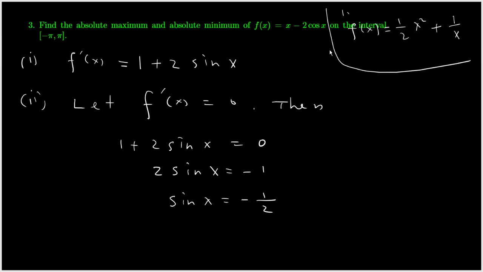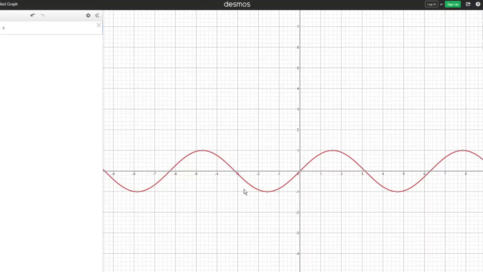Actually, we treat the function to be defined on the interval from negative pi to pi. From negative pi, so negative pi is somewhere in here, and then to pi. So pi is 3 point something, right?